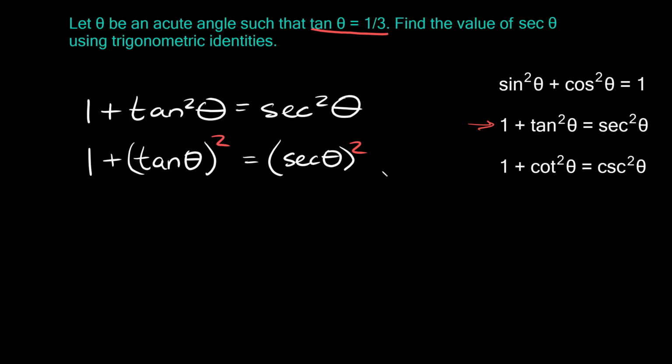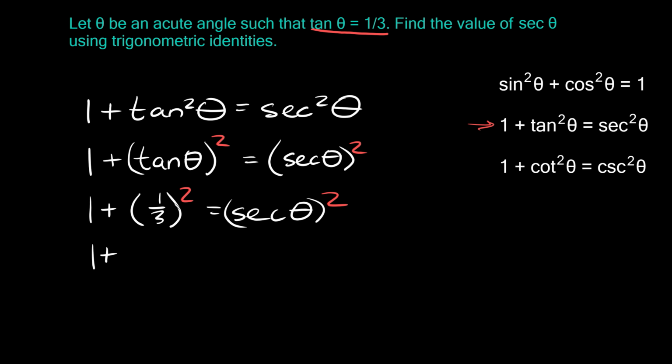That's, again, another way we can rewrite it. So now we can see what we're going to plug in for the tangent of theta. We're going to plug in 1/3 right here. So we're going to have plus 1/3 squared is equal to secant of theta squared, all right?